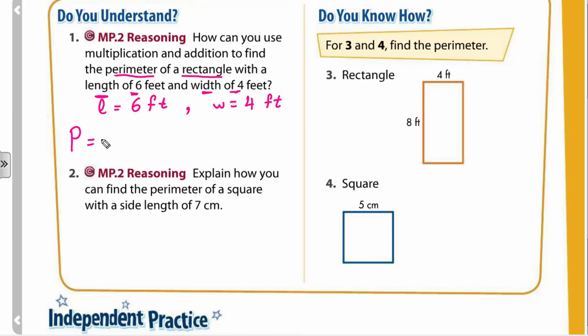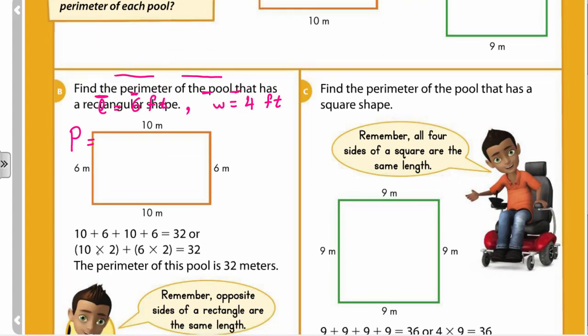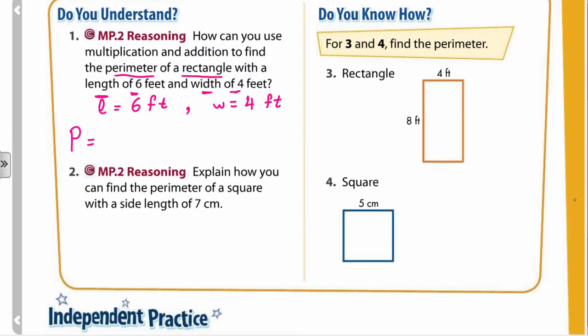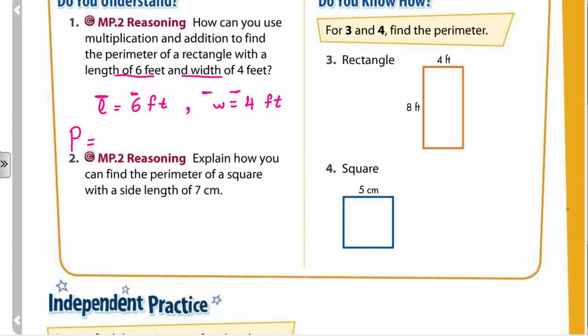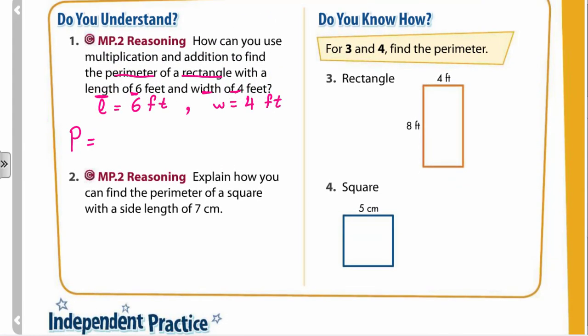Okay, we said that we multiply the length by 2 and multiply the width by 2. So let's do it. So we will multiply the length by 2 and the width by 2. That's what we did here in part B. So let's do it here also. 6 multiplied by 2 equals 12, and 4 multiplied by 2 equals 8.